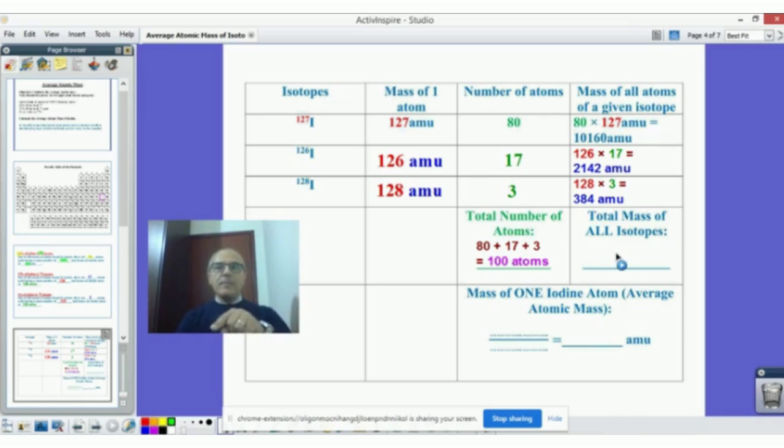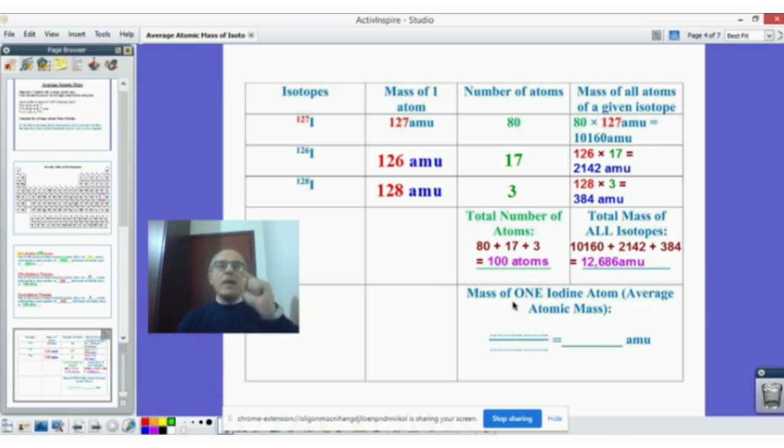So I have to add the masses that I calculated above: 10,160 plus 2,142 plus 384, I will have 12,686 AMU. This is the mass of the 100 iodine atoms having different mass numbers, different isotopes. So this mass is for 100 atoms.